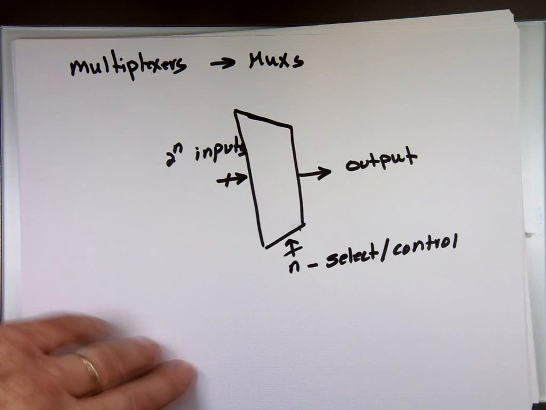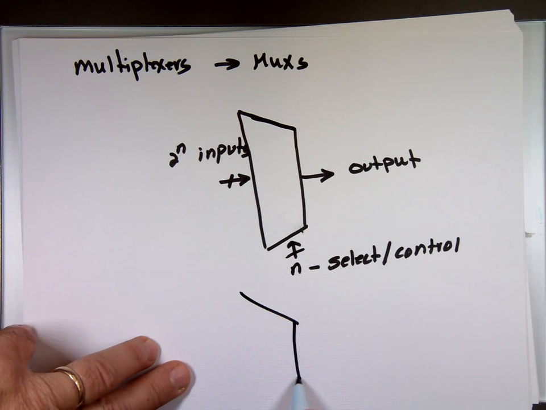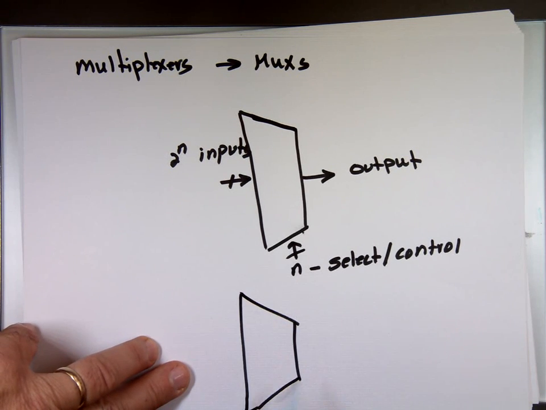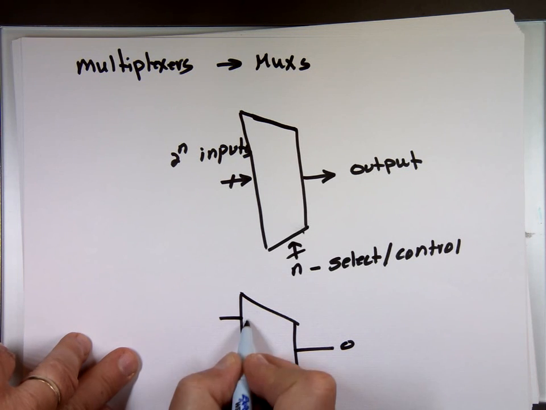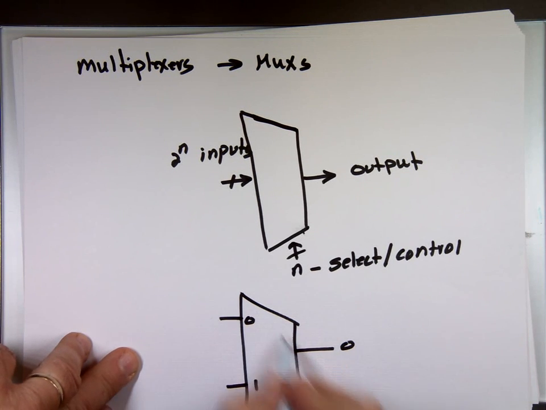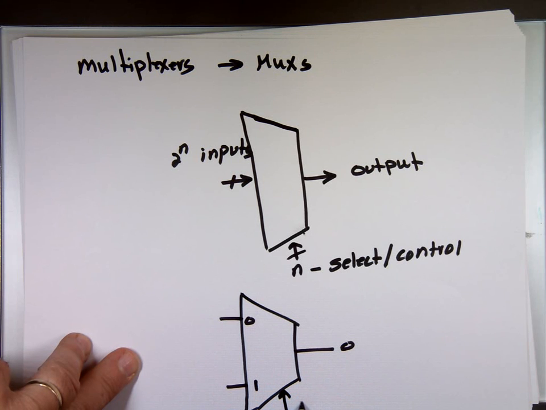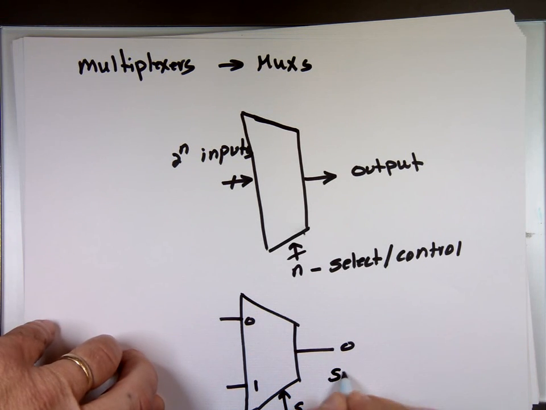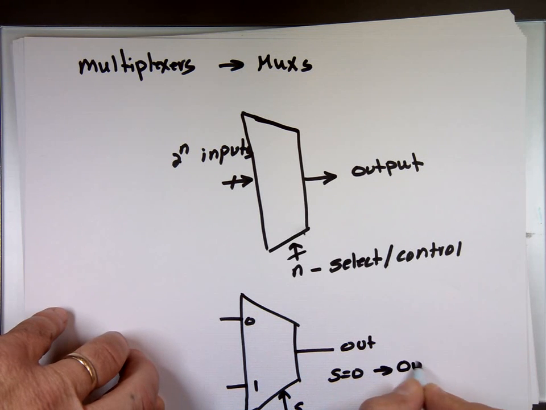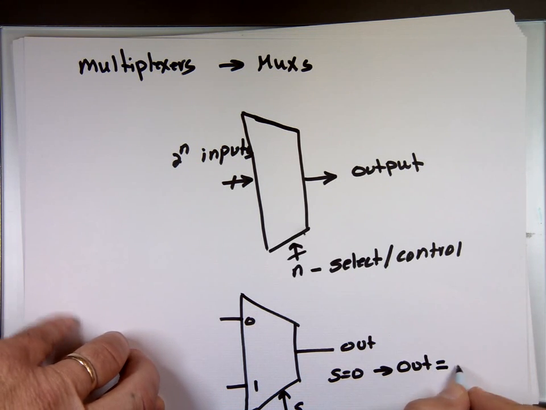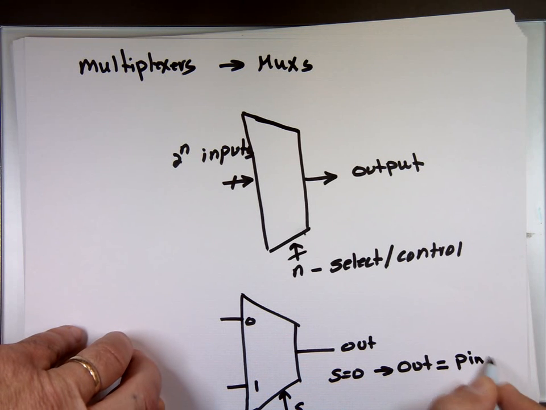So a 2x1 mux will look like this. It has 2 inputs, 0 and 1, and it has 1 select signal. And the way it works, when S equals 0, your output will be equal to whatever you attach to pin 0.